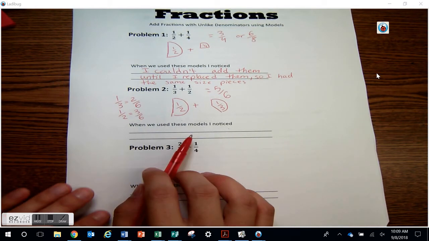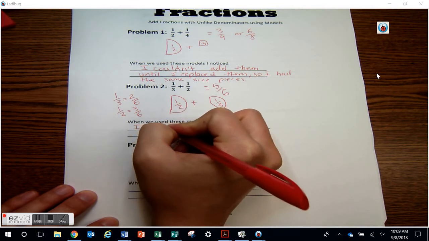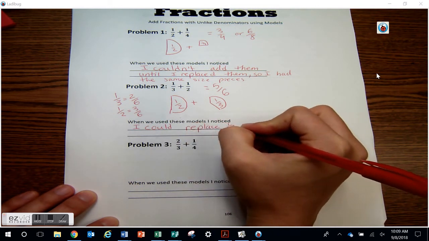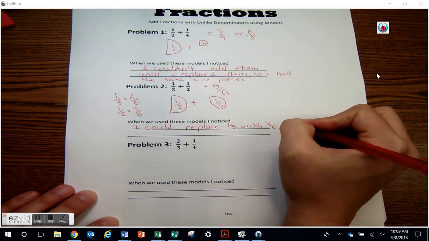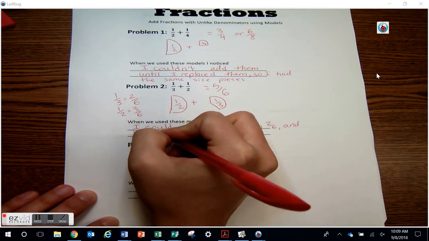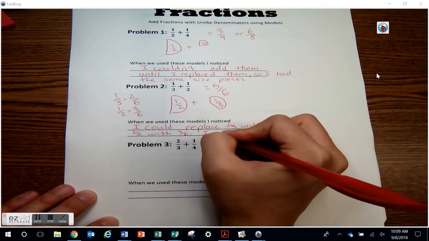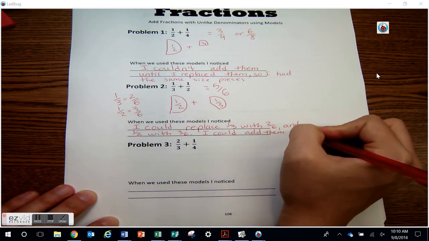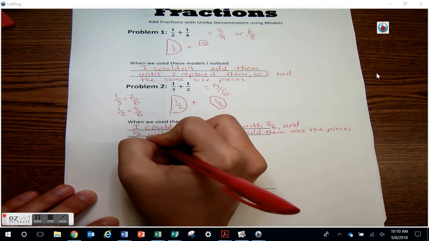When we used these models, I noticed I could replace 1/3 with 2/6 and 1/2 with 3/6. I could add them once the pieces were the same size.